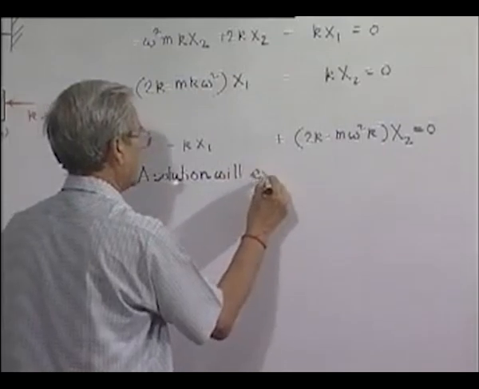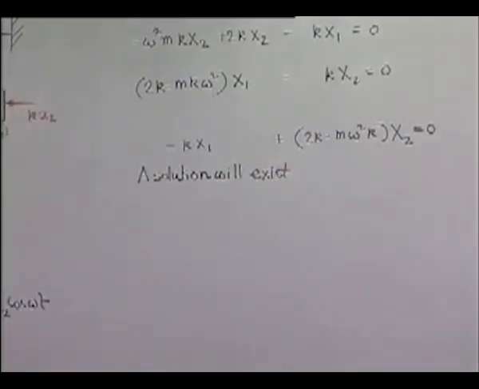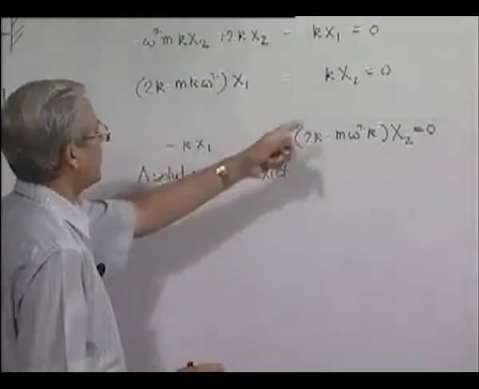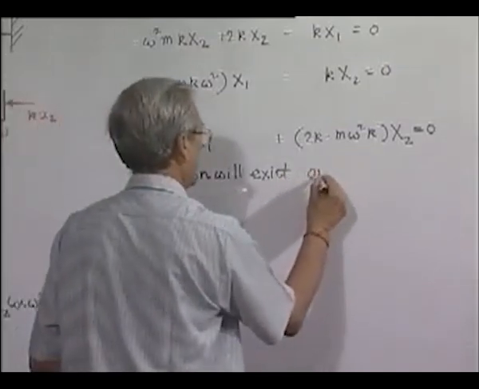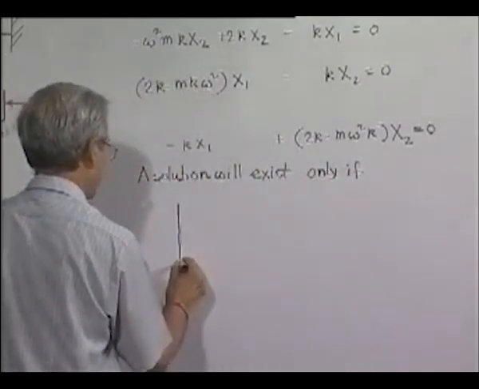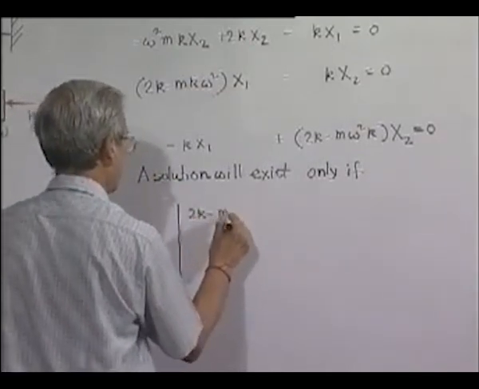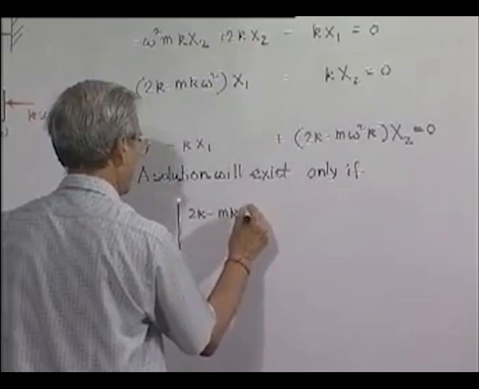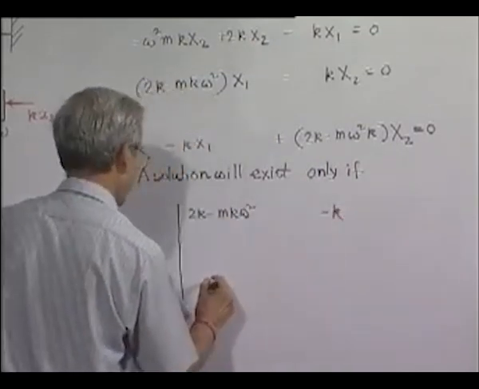So, in place of differential equations, we have now got a set of algebraic equations that are both homogeneous. Therefore, a solution will exist only when the determinant of the coefficients is 0.